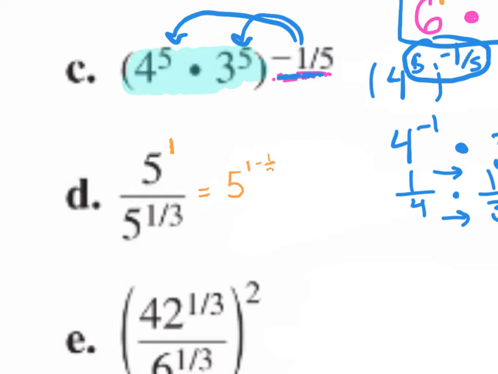Perfect. We're going to change this 1 to a 3/3 because we need the denominators to be the same. So we have 5 to the power of, what is 3/3 minus 1/3? 2/3. So 5 to the power of 2/3.